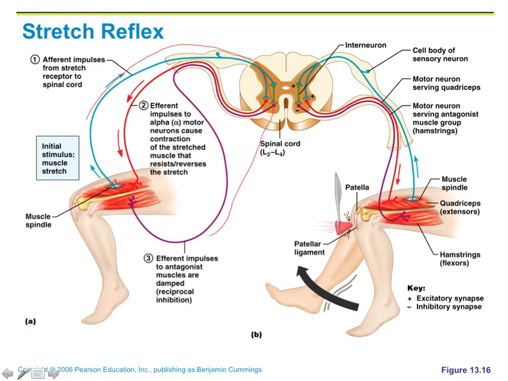This is the muscle spindle. The muscle spindle will detect the tension of the muscle. If we tap on the tendon, it will cause muscle extension, so the muscle spindle will send the stimulus through the afferent neuron fibers to the spinal cord.